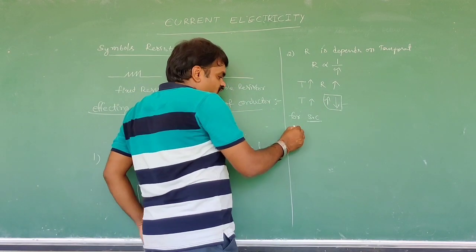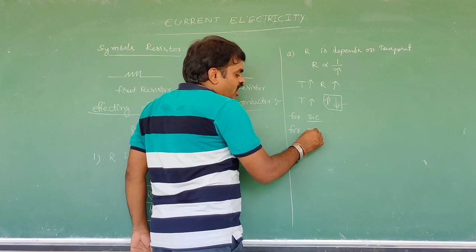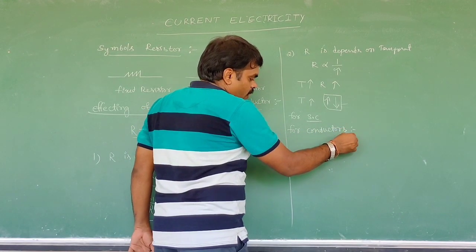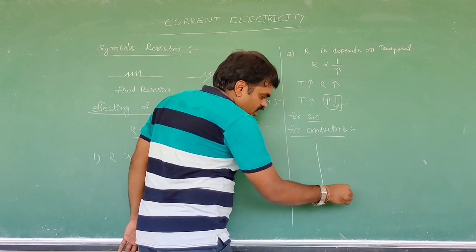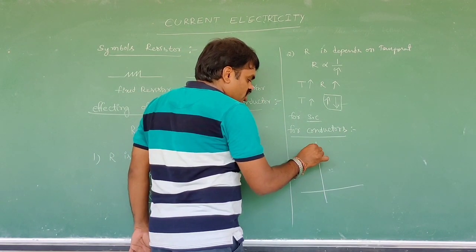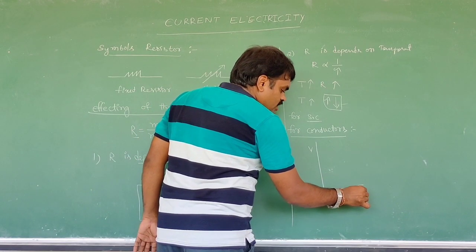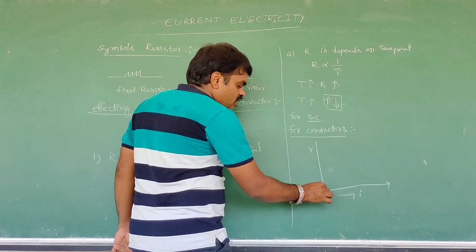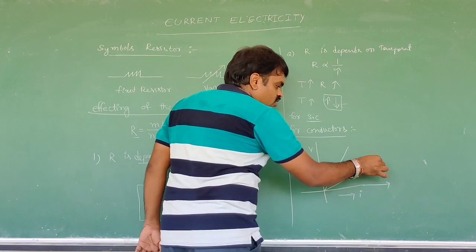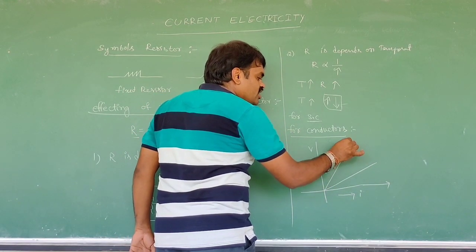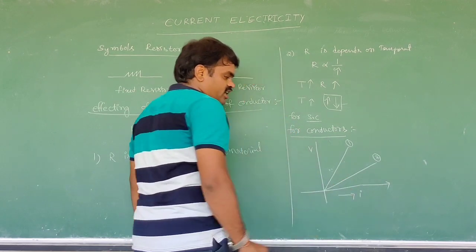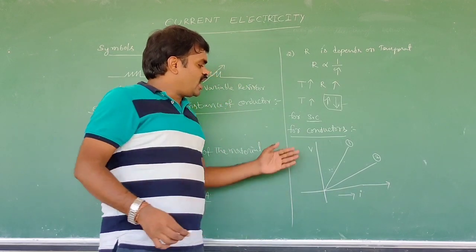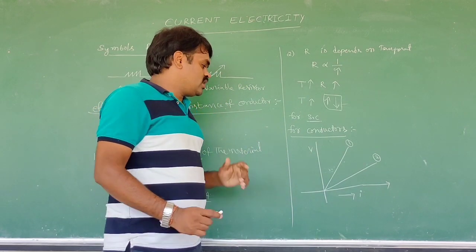Now we can see the graph for conductors. Here potential is on the y-axis and current is on the x-axis. This is the first conductor, this is the second conductor, and these conductors obey Ohm's law. The first conductor makes an angle θ1 with the current axis, and the second makes an angle θ2. Here θ1 is greater than θ2.